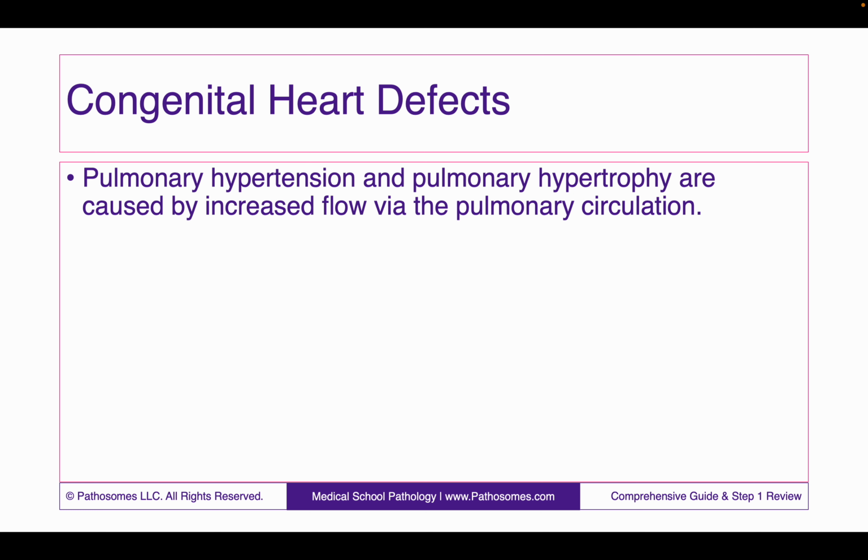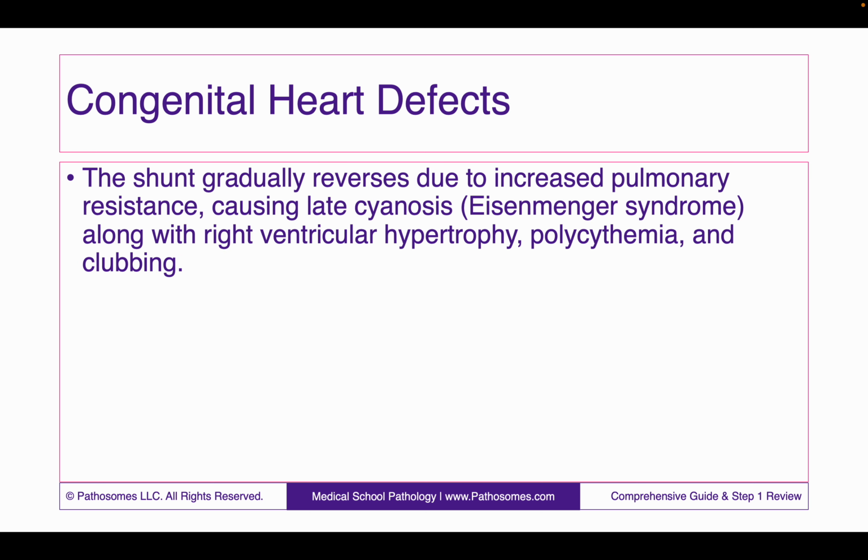Pulmonary hypertension and pulmonary hypertrophy are caused by increased flow via the pulmonary circulation. The shunt gradually reverses due to increased pulmonary resistance, causing late cyanosis, which is known as what? Eisenmenger syndrome. And this is along with right ventricular hypertrophy, polycythemia, and clubbing.